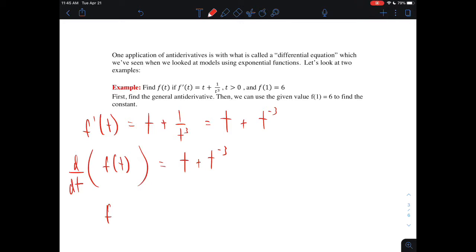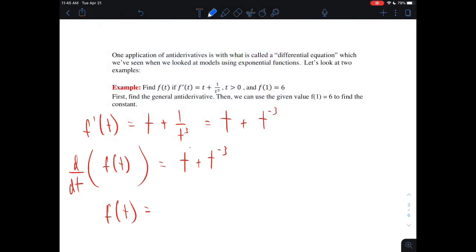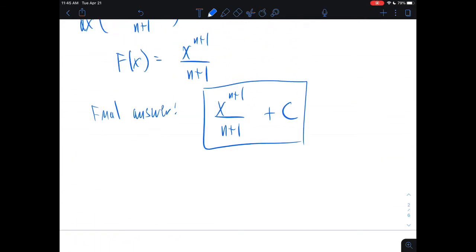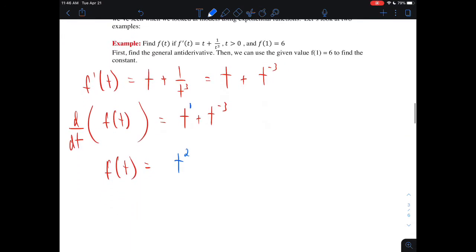So f of t, since I have two power functions here, I can notice that the first one is t to the first power. So I have to increase that power by 1. So that would be t to the second power. That's what's meant by n plus 1, just adding 1 to the power. But then I have to divide by that new power.